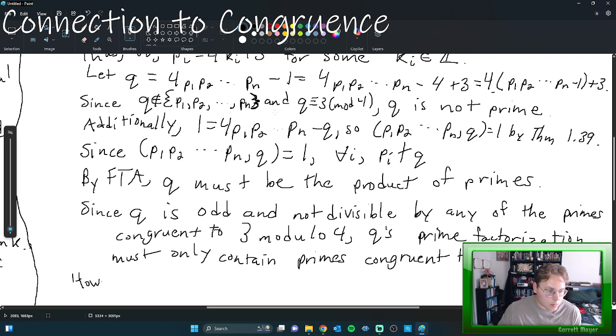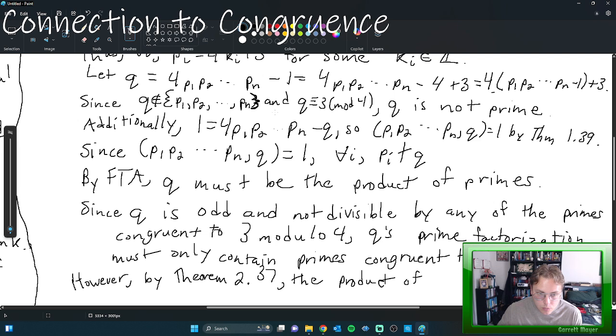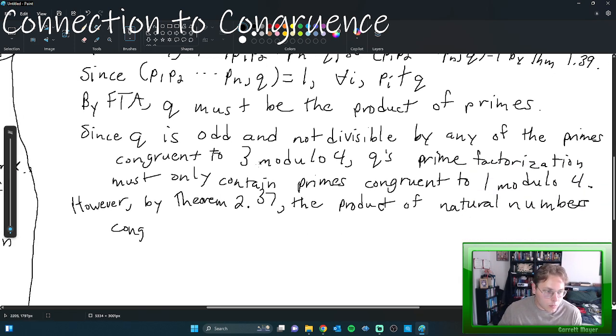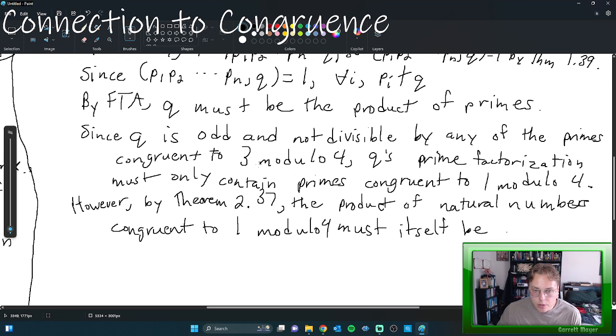However, by theorem 2.37, the one that we just proved, the product of natural numbers congruent to 1 modulo 4 must itself be congruent to 1 modulo 4.